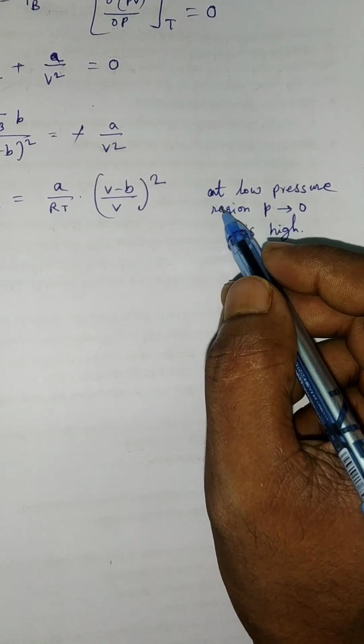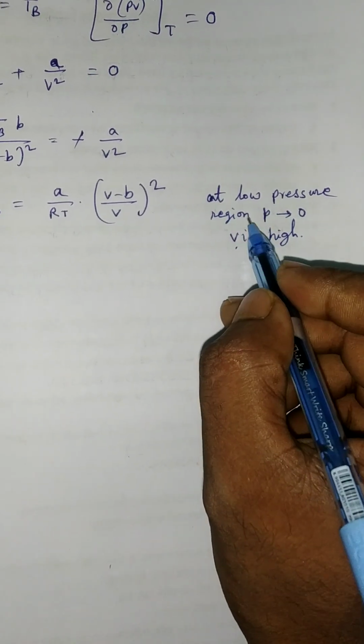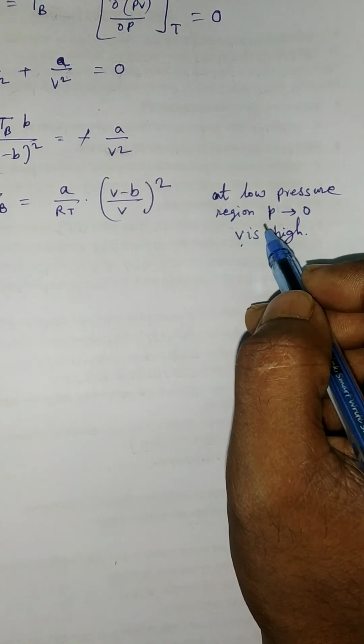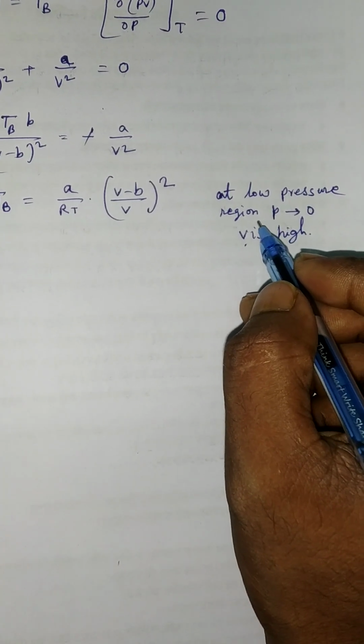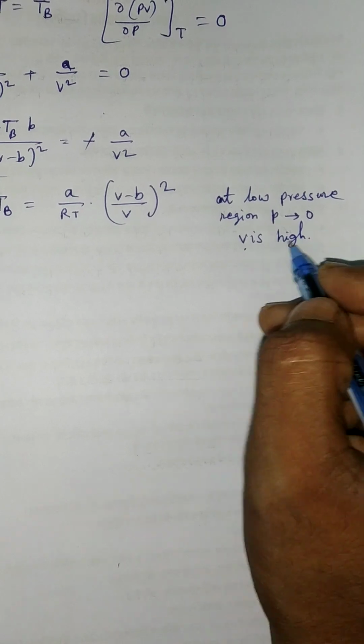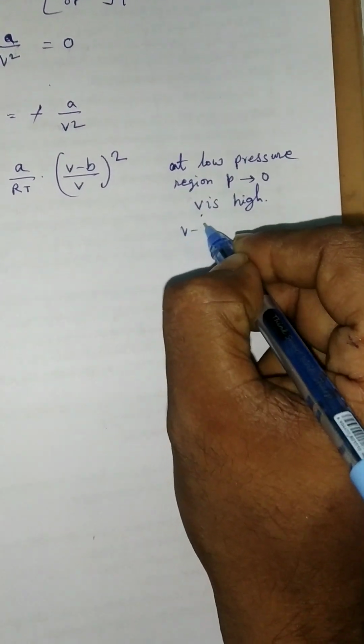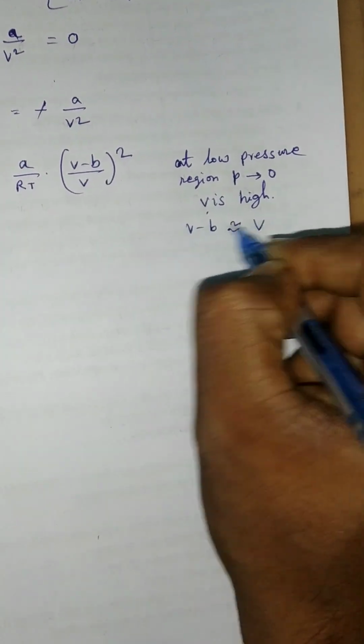In the definition of Boyle temperature, it is given that at the low pressure region, the gases obey Boyle's law. So P tends to 0, V is high, or we can write V - b approximately equals to V.